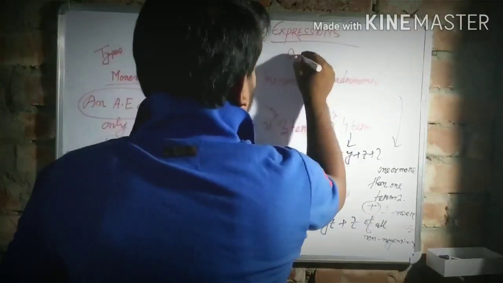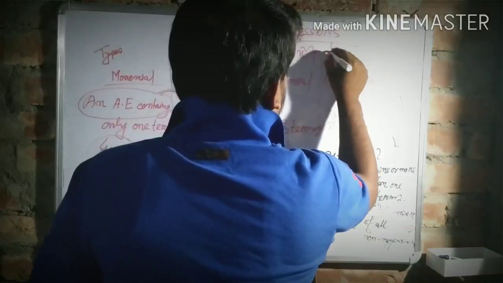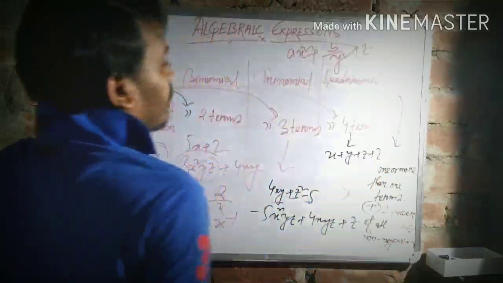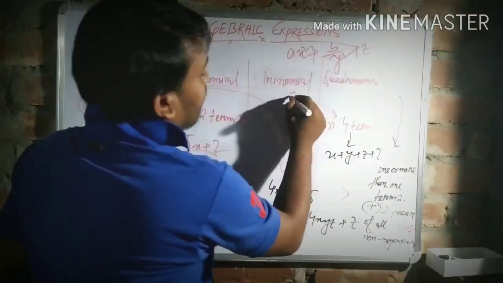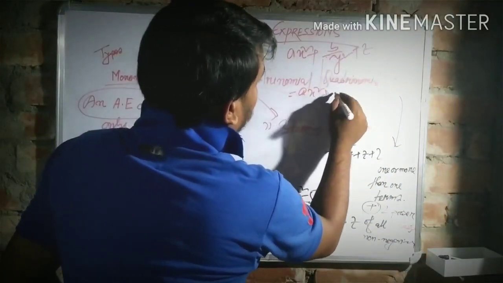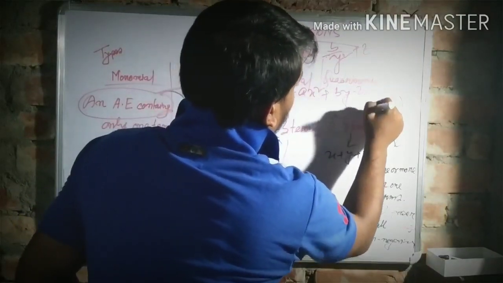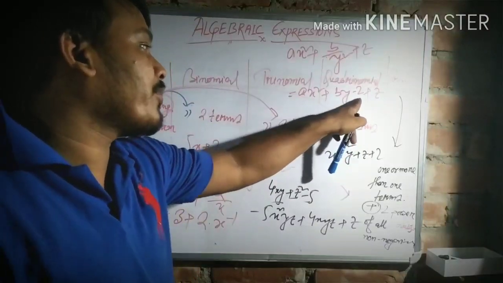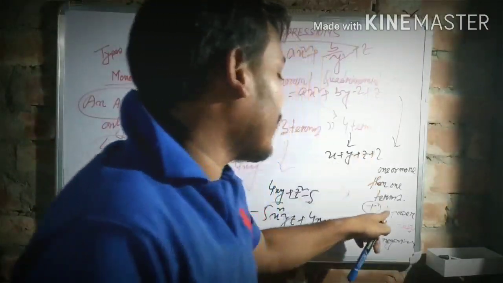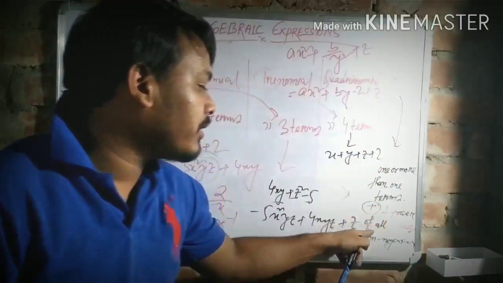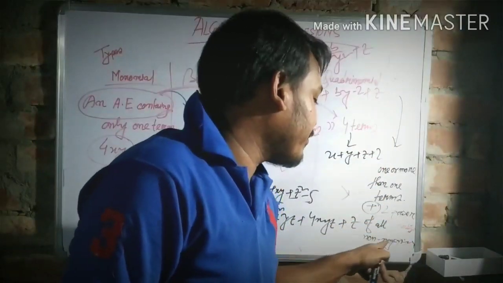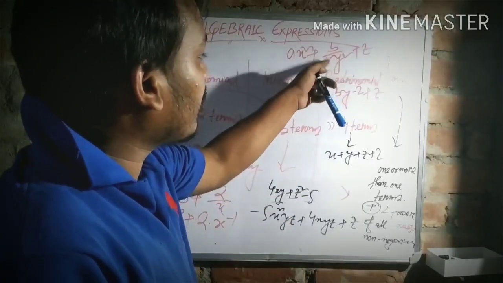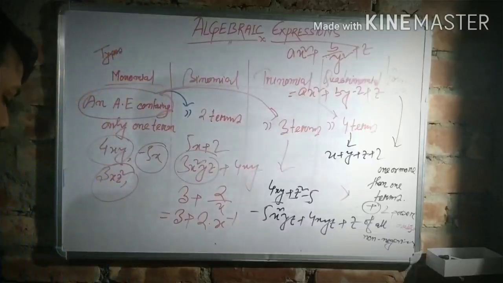Another example: x² plus y² plus z, written as x² plus y to the power minus 2 plus z. So the power of y is minus 2. The power of one variable is negative, but the condition for a polynomial is that the powers of all variables are non-negative. Okay, so this is not a polynomial.